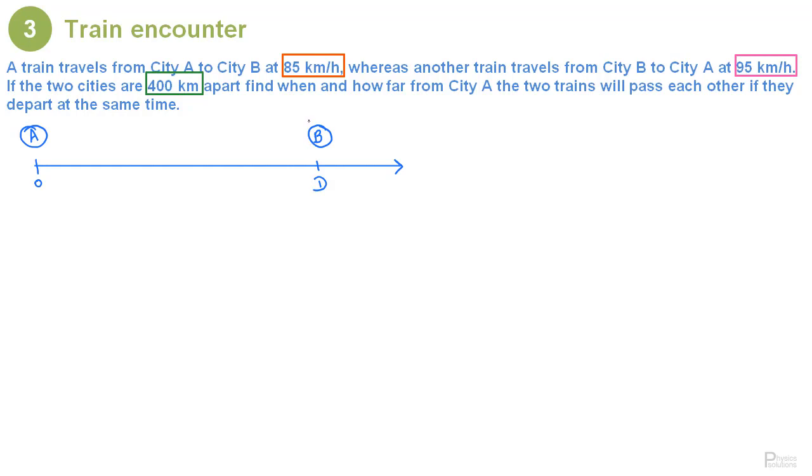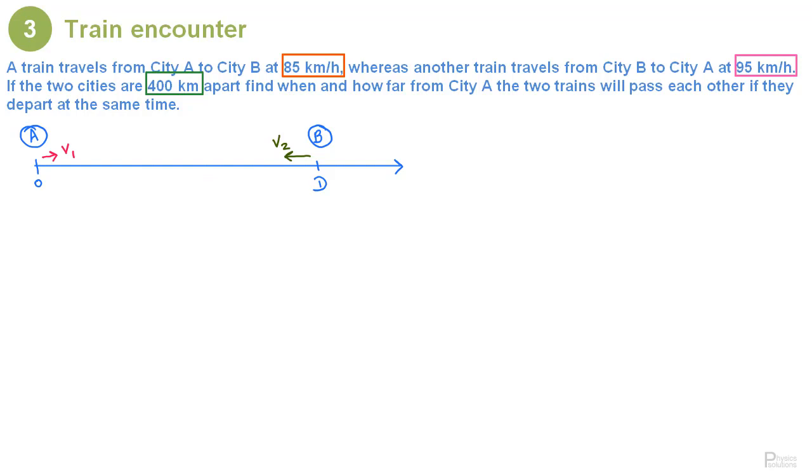We know that there are two trains. Let me use a different color. The first train is moving from left to right with some speed that we can just call V1. This will be train number 1. For train number 2, I use another color. This train is going from B to A, to the left, with some speed V2.